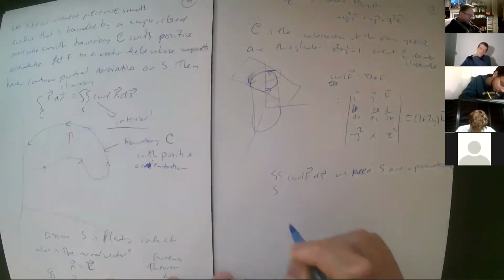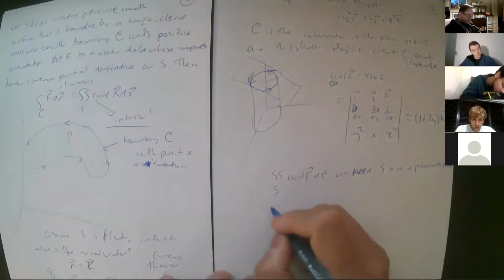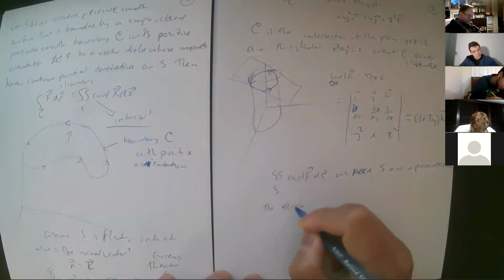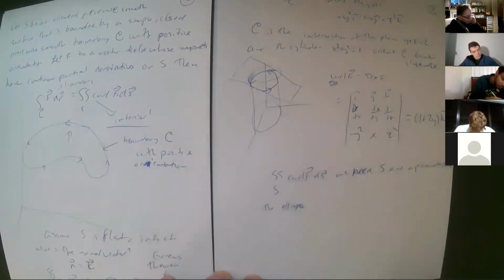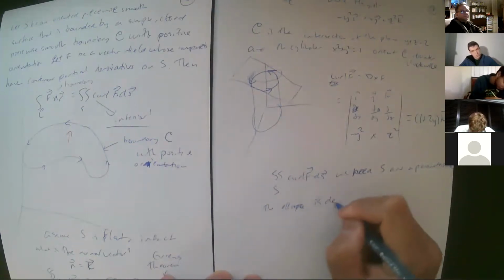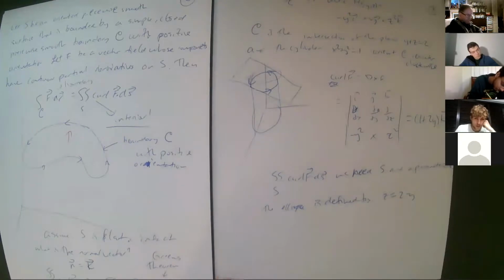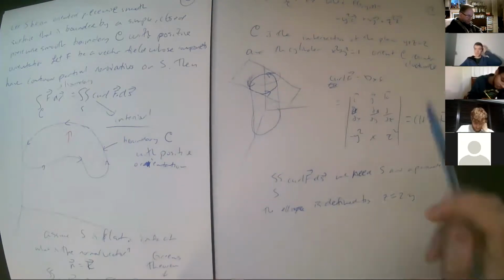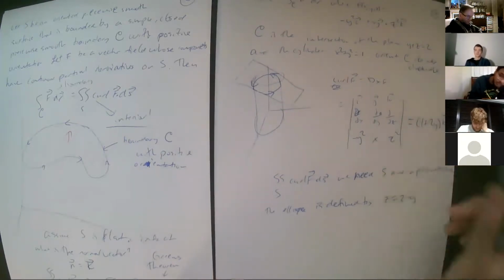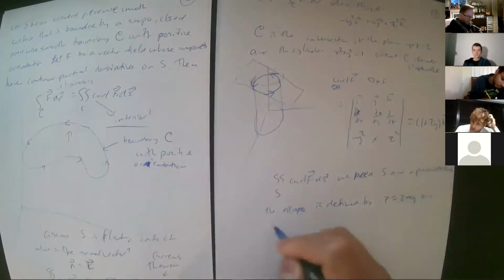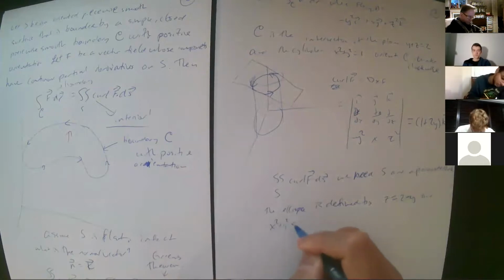The ellipse is defined by z equals 2 minus y, and x squared plus y squared is less than or equal to 1.